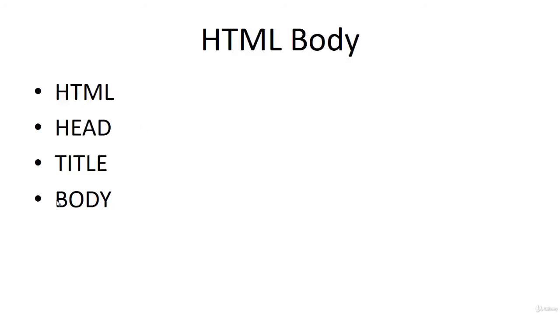This is kind of saying, okay, this is an HTML page, and then the next thing you'll see is the head. If you think about a human body, you have the head, and then right below that you could have a name tag, like the title or something. And then right below that you can have a body. And then of course you have your feet and everything like that. So that's probably the easiest way to think about it.